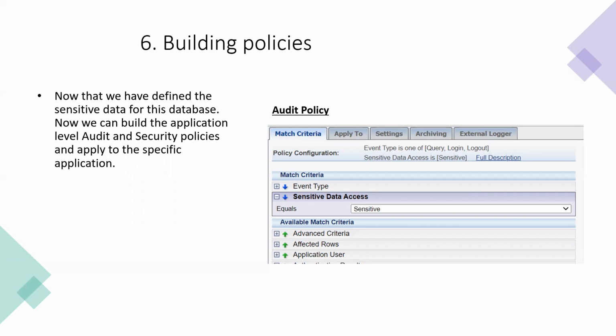Now, what it means by sensitive data access is that it refers to the table group. As I said in the previous step, once we accept the sensitive data, that creates a table group in the backend and adds those values to the table group. So that is what it means by the sensitive data access. We say sensitive here.